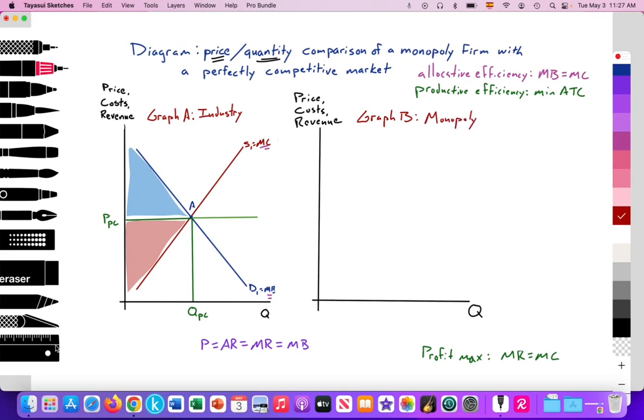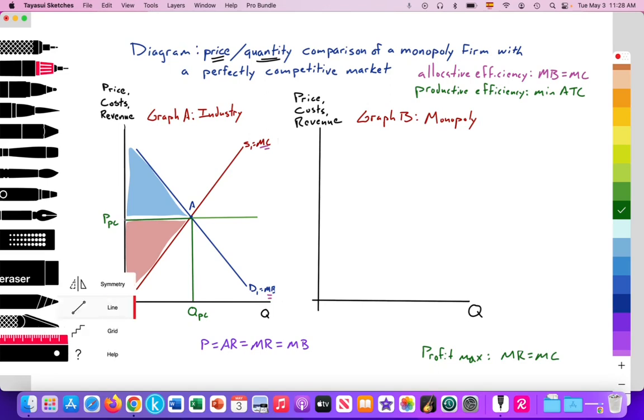And for the monopolist, we're going to illustrate our supply curve. But before we do that, on an exam, I would recommend that you have your price set by the industry for perfect competition, price at PC, and then draw that line all the way across, like you see here.